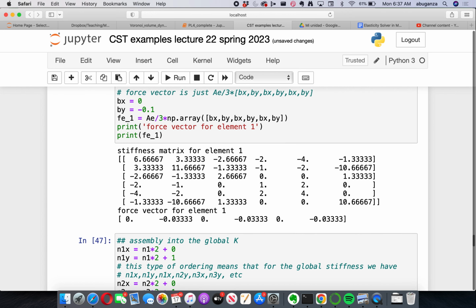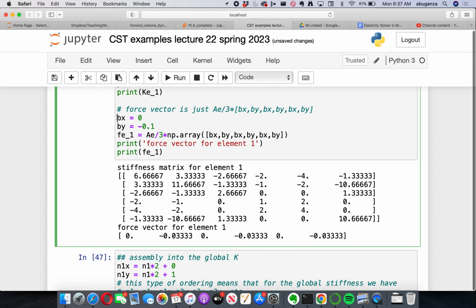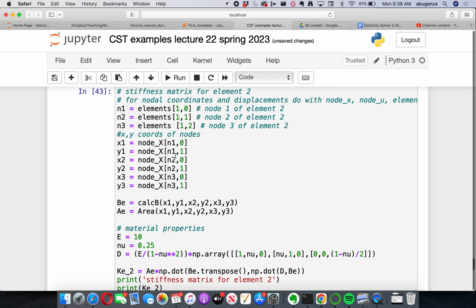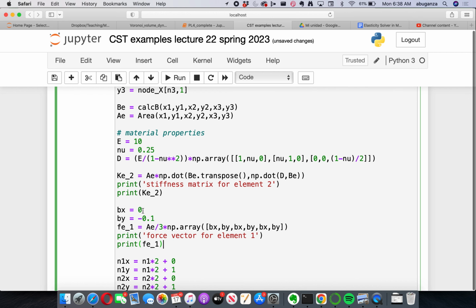It's the same, so I don't really need to change anything. What changes is maybe the area of the element. In this case, the area is also the same, so the force vector will be the same.